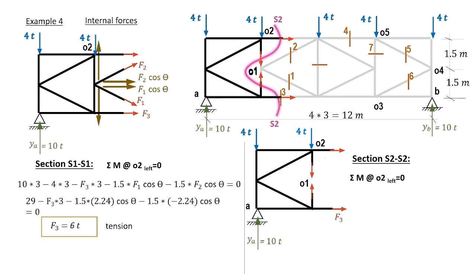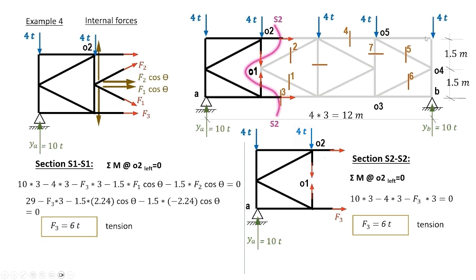This is another method, or another cut, for computing F3, and it should lead to the same result, 6 tons. So we have our equation here: 10 by the arm 3 minus 4 by the arm 3 minus F3 by the arm 3, which gives F3 is 6 tons.